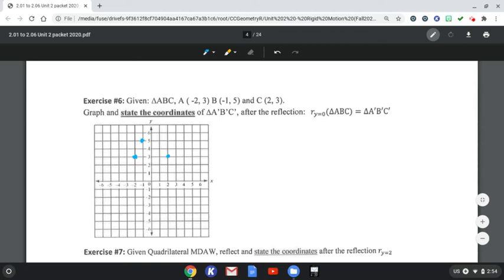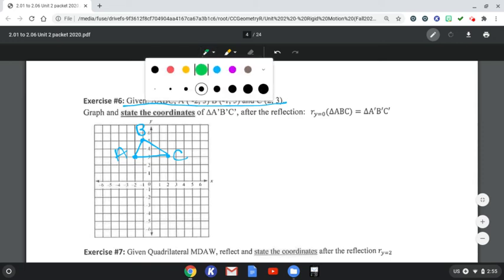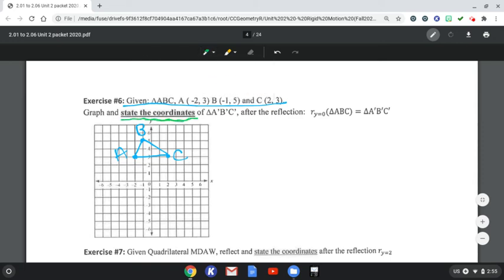We get a right triangle here, or I should say just a triangle ABC. So here they give you the coordinates of triangle ABC: negative 2, 3, negative 1, 5, 2, 3. And it says to graph and state the coordinates, and that's bolded and underlined for a reason, of triangle A prime, B prime, C prime after the reflection.